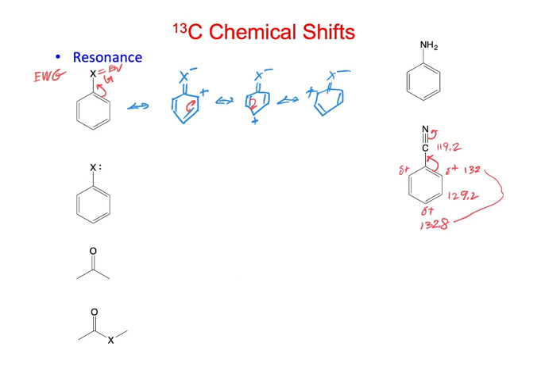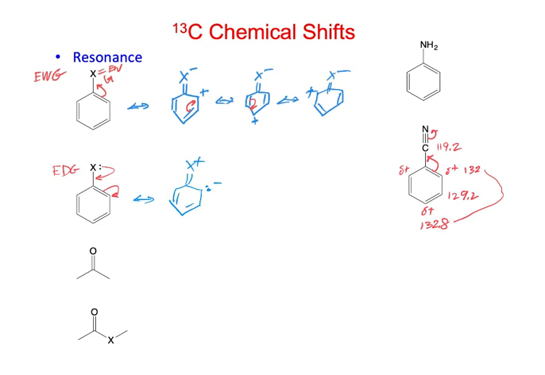So electron donating groups are usually groups that have non-bonding electrons, so they push electron density into the ring. So we have a resonance that goes like this, and a minus over here.